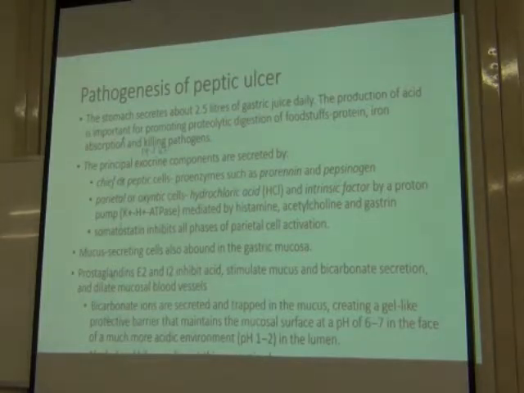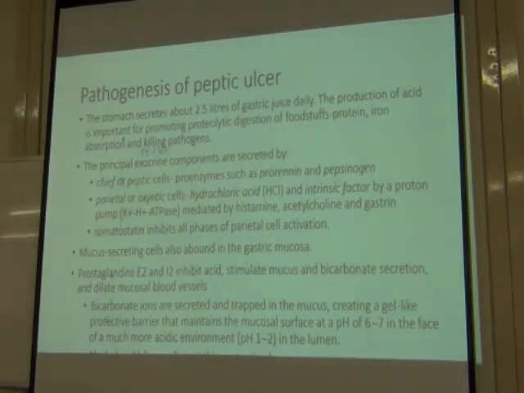And one of the mediators that is very prominent in mediating the release of hydrochloric acid by the proton pump is histamine. There are other mediators, but histamine is very prominent when it comes to releasing hydrochloric acid through the parietal cells. Then we also have acetylcholine, and gastrin also involved as mediators.